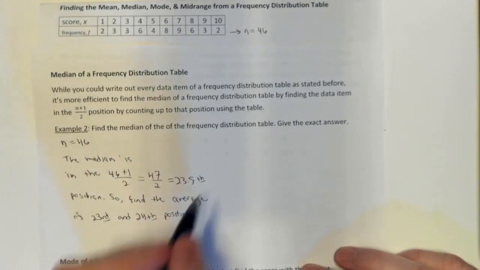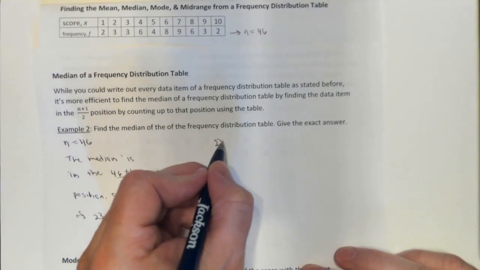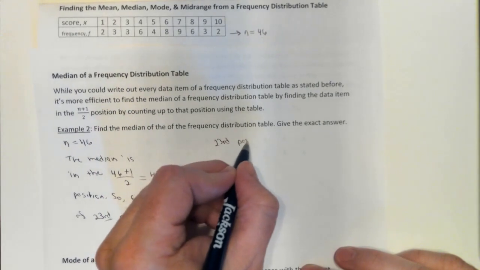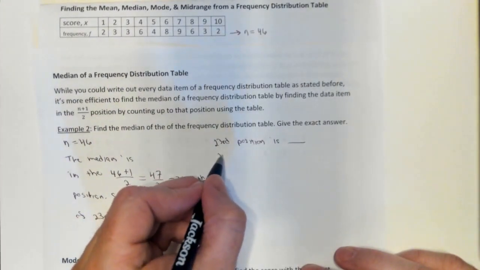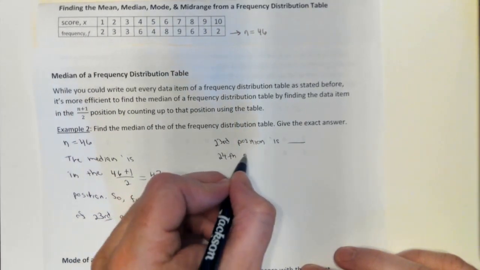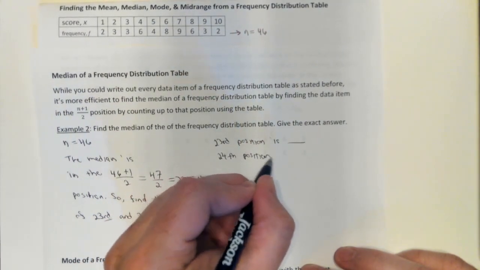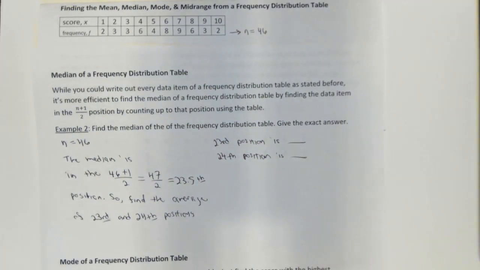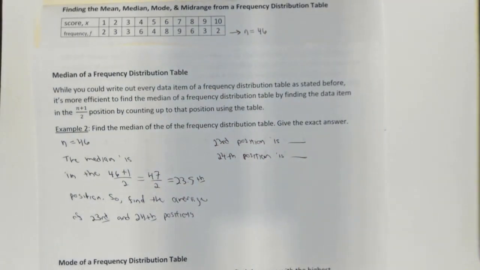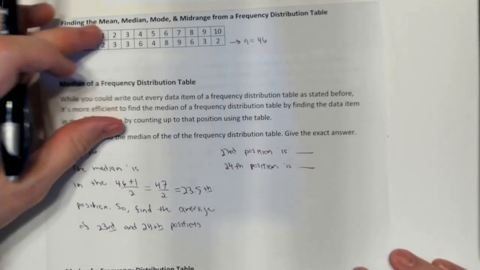Let's see, I'll go up here. So the 23rd position is, and the 24th position is. Okay, we'll figure that out. How do we figure it out? I came up with the method on my own, and then I was like, well, I better see what the book does, not to make it tricky for the students. And they do the same thing, and that method is basically just counting up.